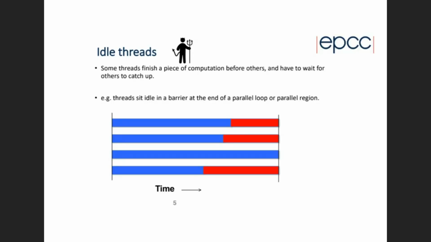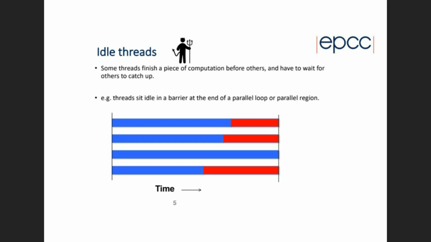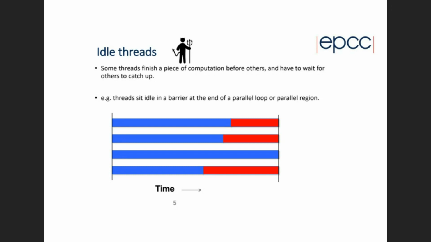One of them is that some threads finish some piece of computation before others. In other words, there's some load imbalance between the work or the tasks that are assigned to threads, and some threads have to wait for others to catch up. And in OpenMP, the really common situation is that you end up with threads sitting idle in a barrier at the end of a parallel loop or a parallel region.